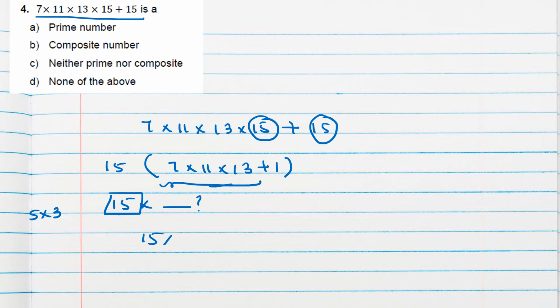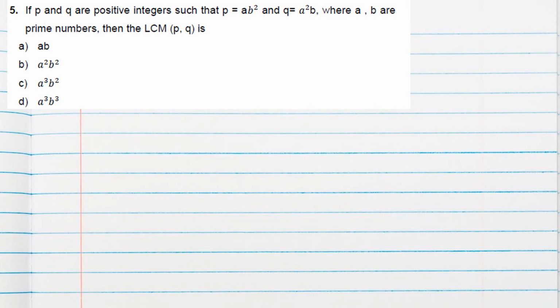So whatever number you get here, the factors will be 5 as well as 3 as well as many more. No need to check, because here we already got 2 factors. We know prime numbers have only one factor other than 1 and the number itself. Okay, so other than these, we got 5 and 3 also. That means it cannot be a prime number, so it must be a composite number. So the answer will be composite number. Without solving completely also you can write it.